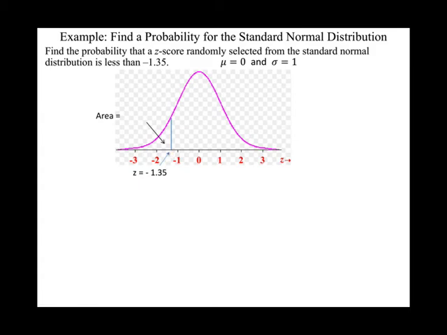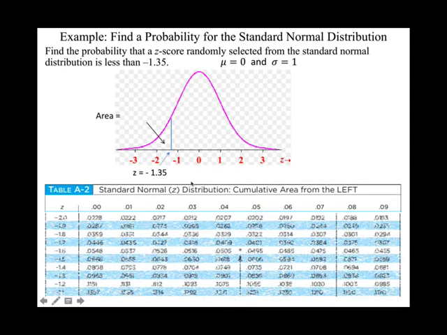Okay, now let's look at table A2. We have two pages, right? One is negative numbers, one is positive numbers. Right now my z-score is negative 1.35. So I want you guys to look at the z-scores with the negative numbers.